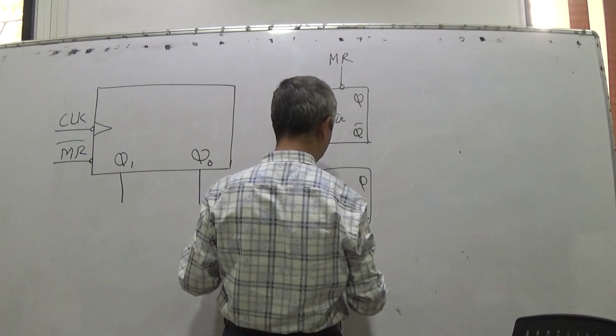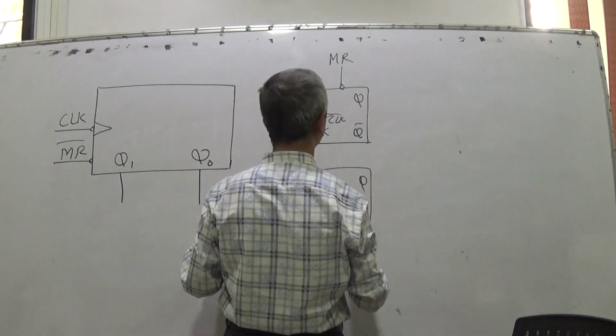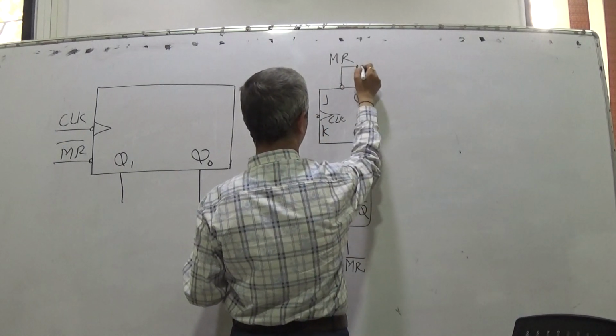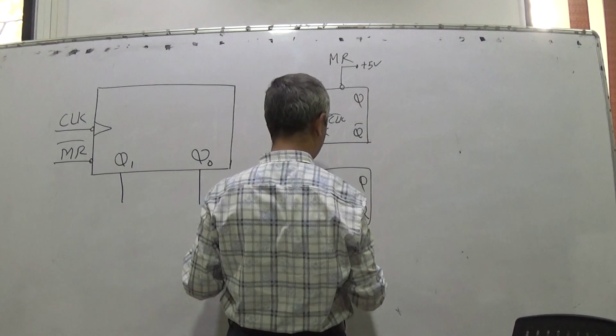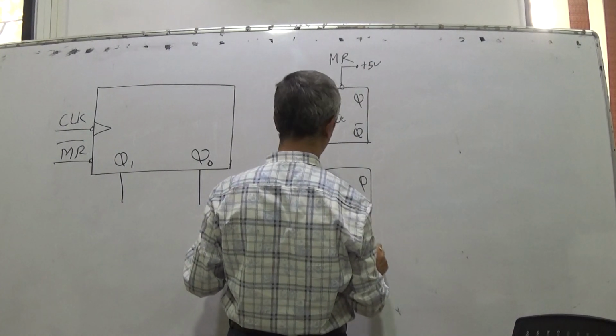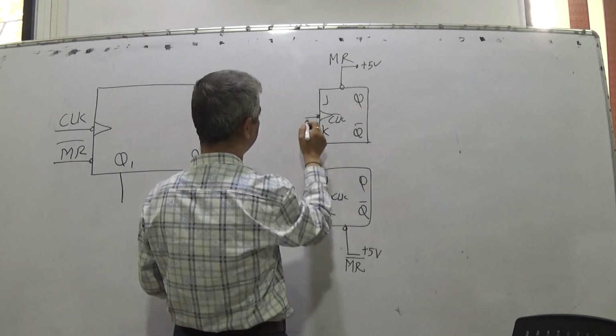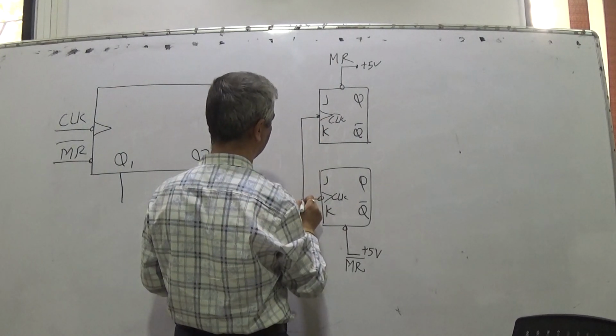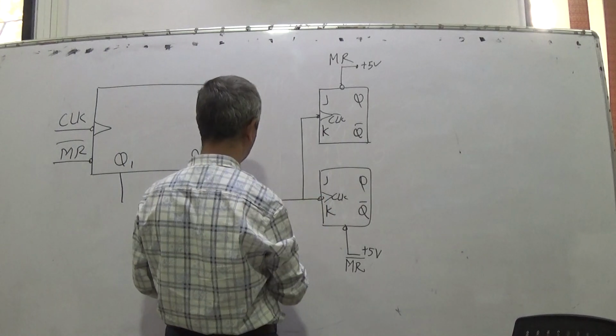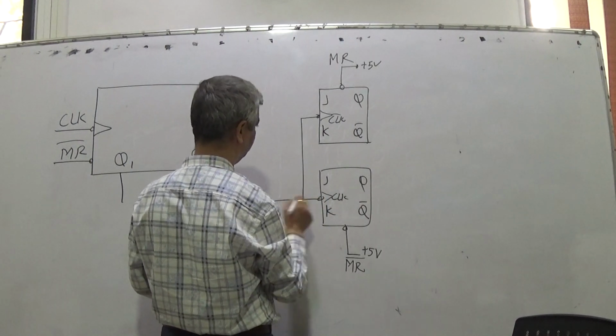I am showing it below. Right now I am not requiring it, so I will keep it at plus 5 volts. This also I will keep at plus 5 volts. Clock we make common. It is called a synchronous counter. Definition I will explain later. So the clock of all I will make common.